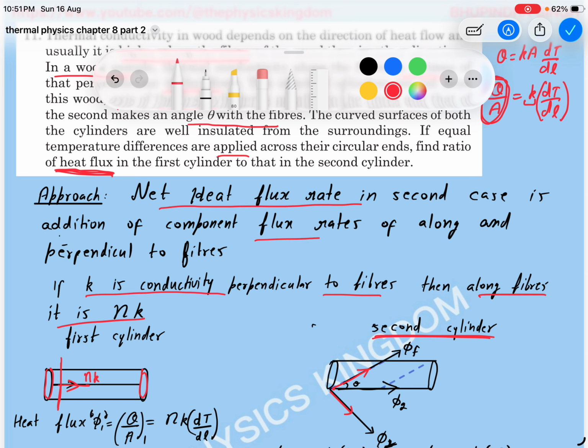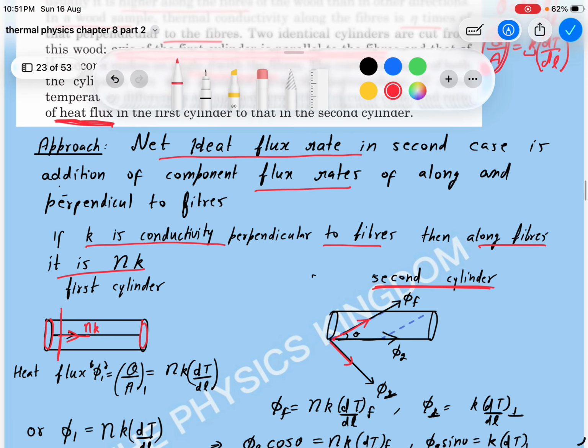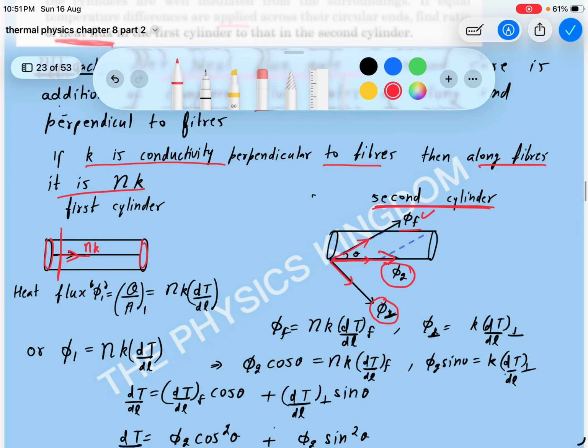So I am writing flux rates, meaning heat flux only, right. Now say the net heat flux is phi 2 along the axis. Now it should be the heat flux along the fiber, its component along the axis, plus the heat flux perpendicular to the fiber, that component also along the axis. If I add them, then I should get phi 2. So that is basically the concept of the question, right.